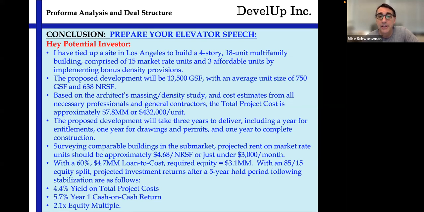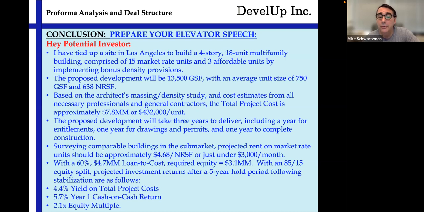The proposed building would be 13,500 gross square feet with an average unit size of 750 gross and 638 net rentable square feet. Based on the architect's massing density study and cost estimates from all necessary professionals and general contractors, the total project cost is approximately $7.8 million or $432,000 per unit.